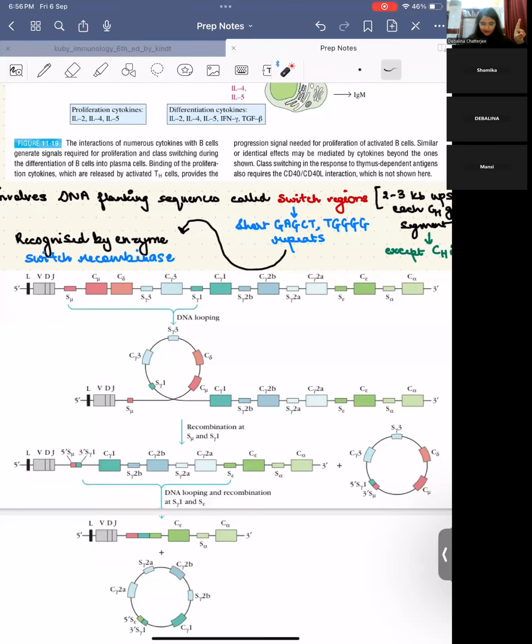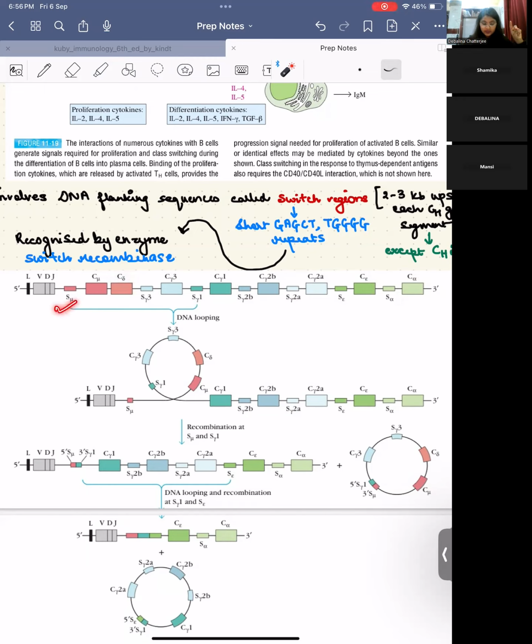We have the different constant region gene segments arranged in a linear fashion, and upstream of each constant region we have a switch region. Only C delta, if you look here, does not have any switch region of its own.